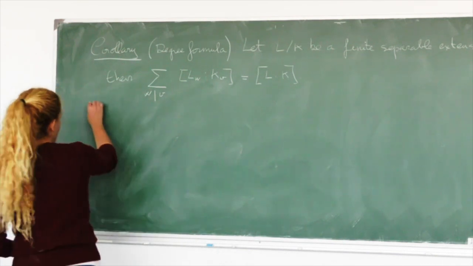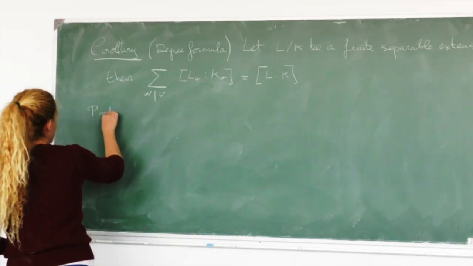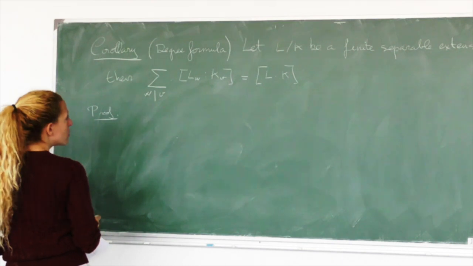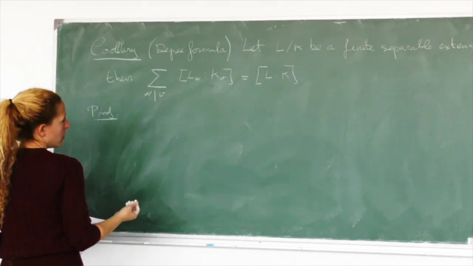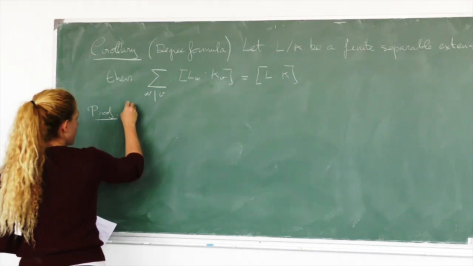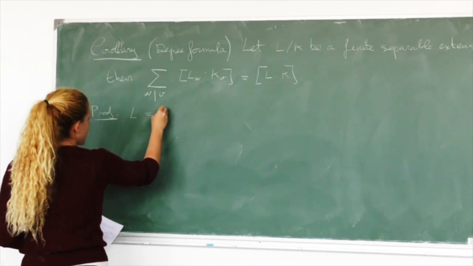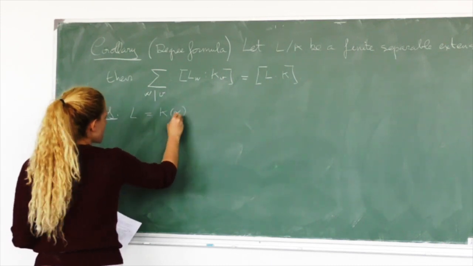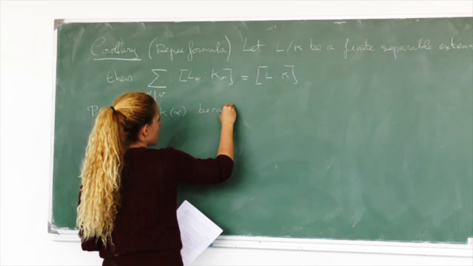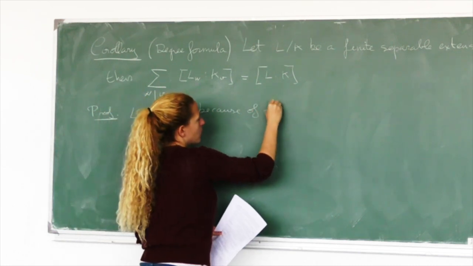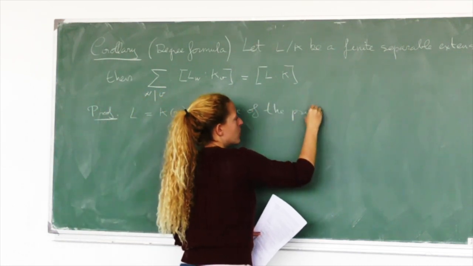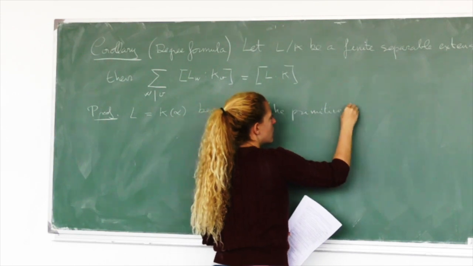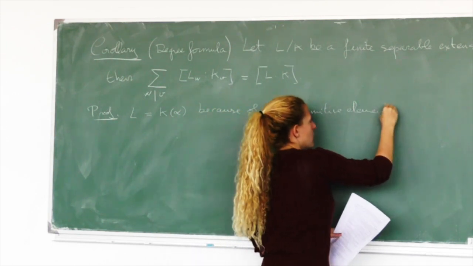So now I can do the proof because it's really a consequence of the previous proposition. So, the proof: L can be written like this because of the primitive element theorem.